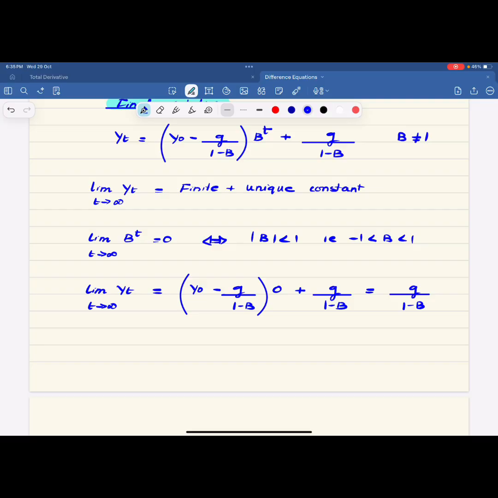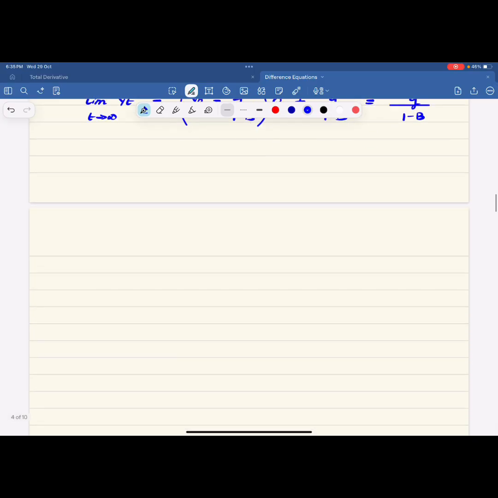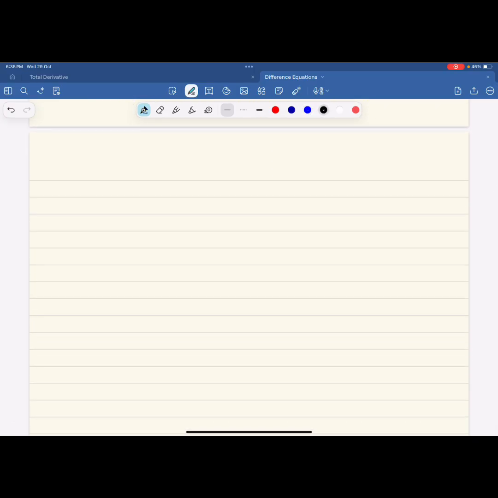One thing to be careful about is that when we state the stability condition, we write it as the absolute value of β being less than 1.